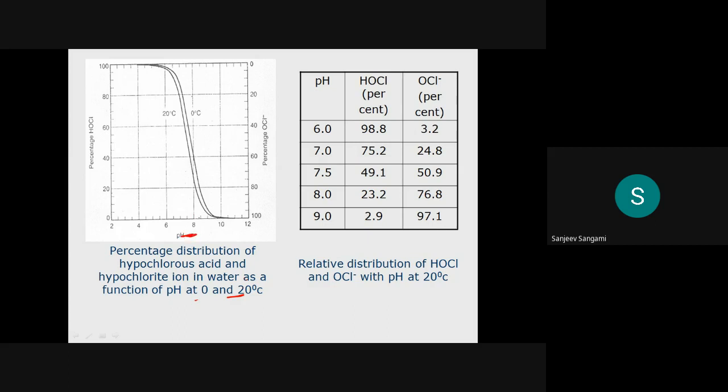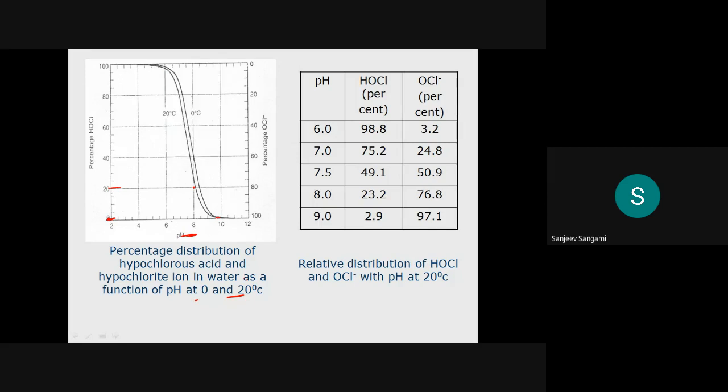Assume that the pH is 10, then the percentage of HOCl is around 0. If the pH is 8, then the distribution is lower. If the pH is 6, you can see the HOCl is 100%.